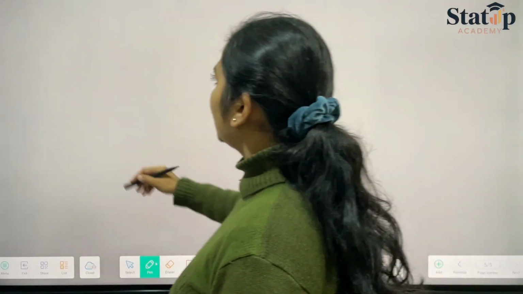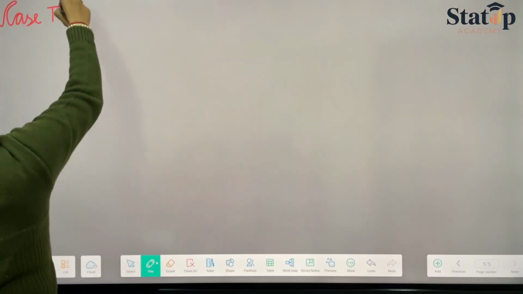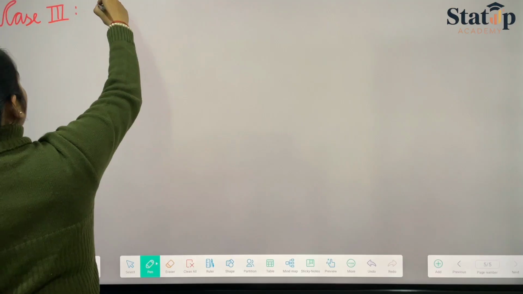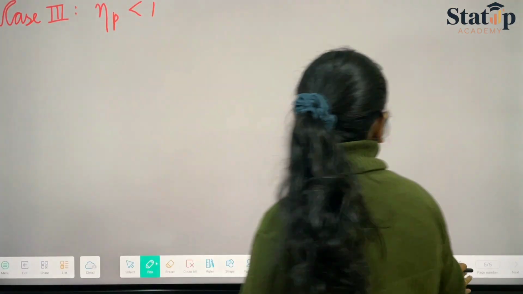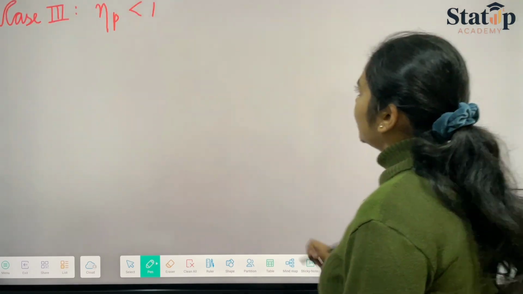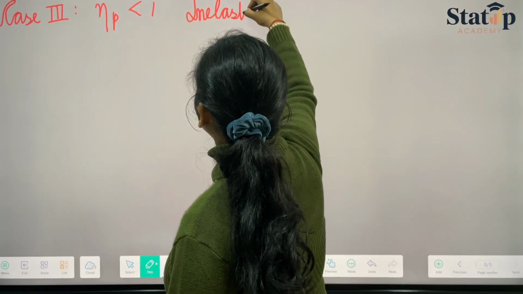Now moving to case 3, where the demand is inelastic. So where eta P is less than 1. Here we have taken greater than 1, now we will take less than 1. So demand is inelastic.